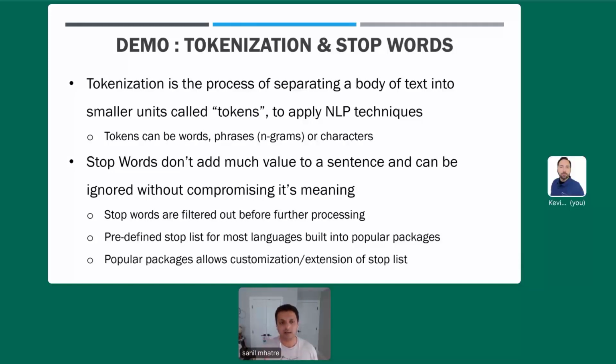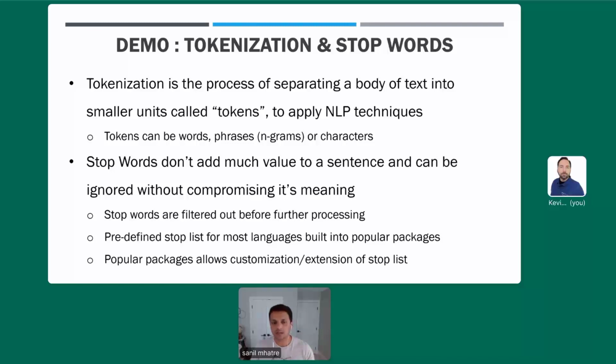What exactly do the smaller units look like? These smaller units could be one word each. So you can literally break down your body of text into a representation of one word equal to one token.